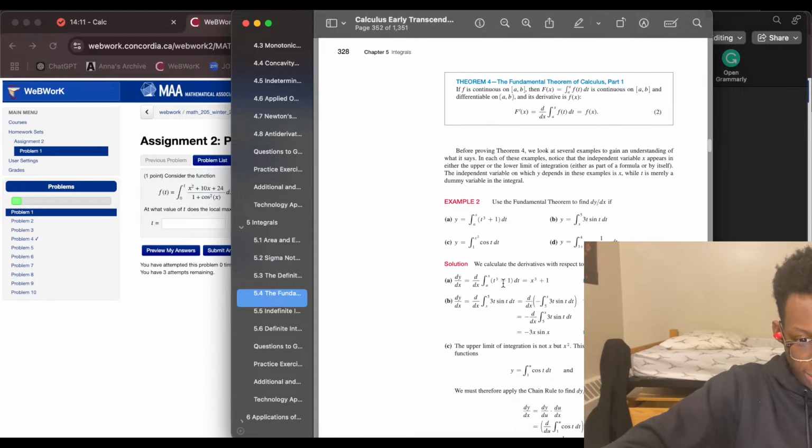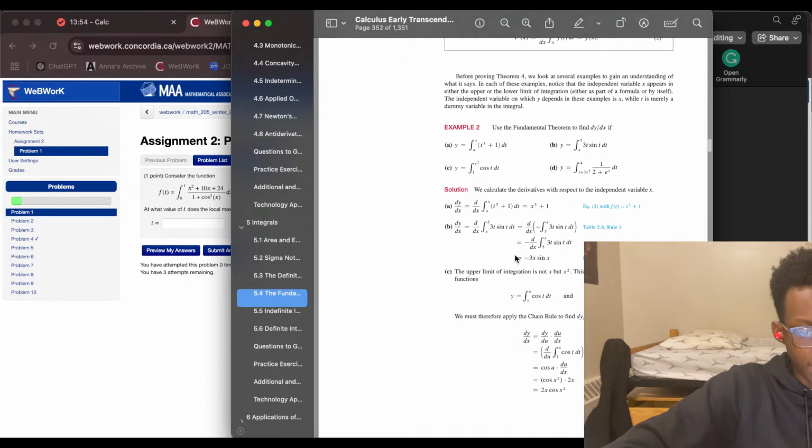Let's just check what they use for it. For this one, because x is the thing, they just substitute x in and then do the derivative to find dy dx. But we're looking for t. So since we're looking for t, it's different.